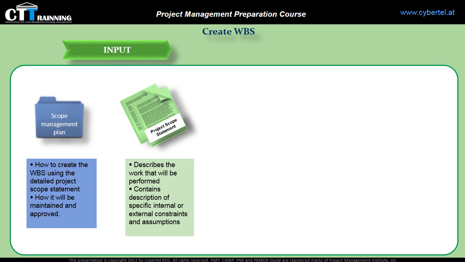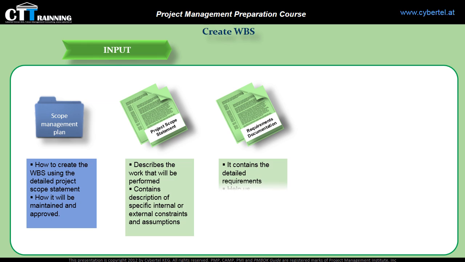The third input is requirement documentation, because it contains the detailed requirements, which can help us understand what needs to be produced at the end of the project and what needs to be done to achieve this.